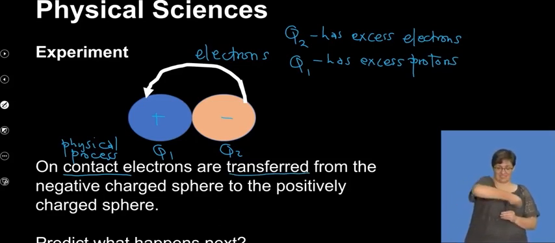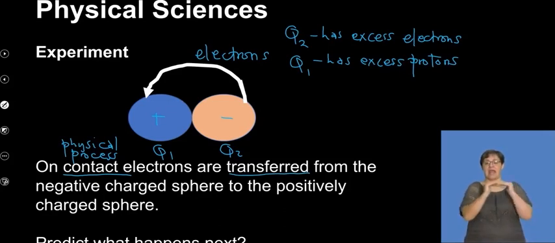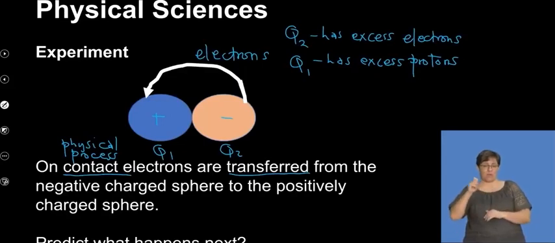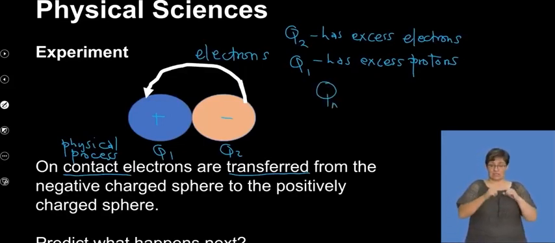Now, as they transfer this charge, the charge is shared equally. So if we go back again, we know that one is +4 microcoulombs, while the other one is -10 microcoulombs. So the net charge in this closed system, Q net, is equal to Q1 plus Q2, right?